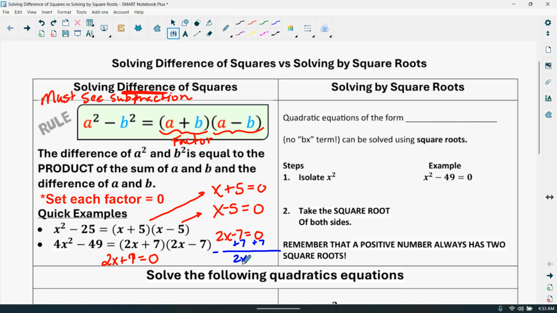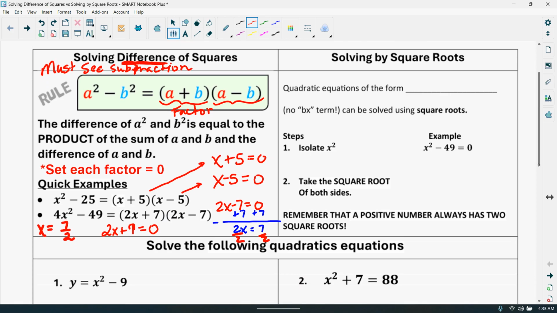I get 2x equals 7, and then I have to divide by 2, so x equals 7 over 2. Sometimes you will have a fraction as an answer choice, and using this shortcut might help you get to that a lot faster, especially compared to trying to see it on the calculator and understanding what fraction that is.